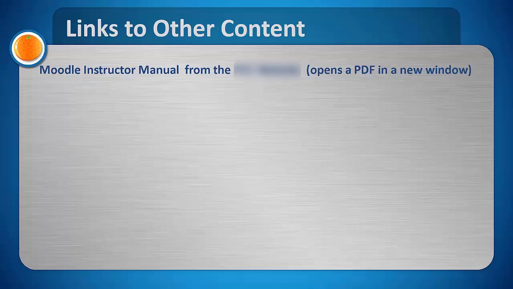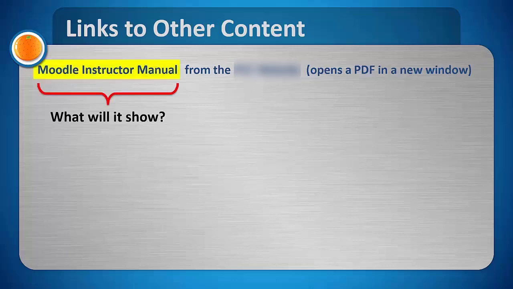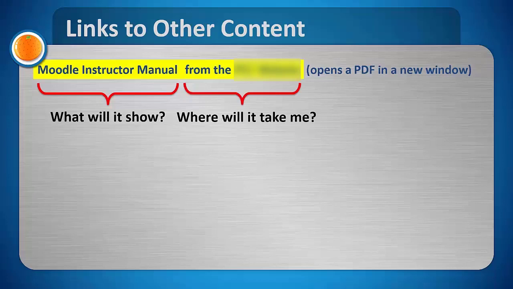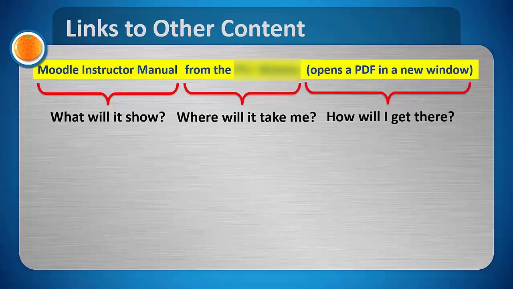But for someone using a screen reader, once again, we need to make sure that link makes sense to a screen reader. You want to include what that link will show, where that link will take the viewer, and how the viewer is going to be taken there.